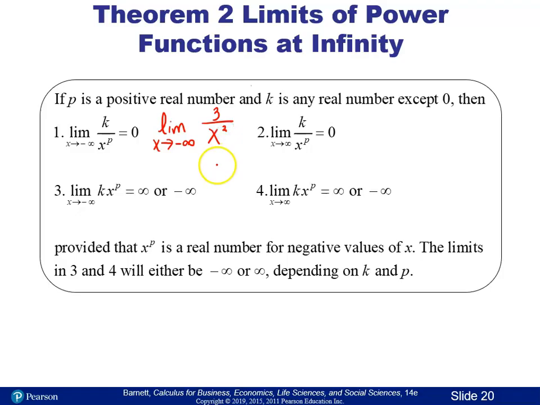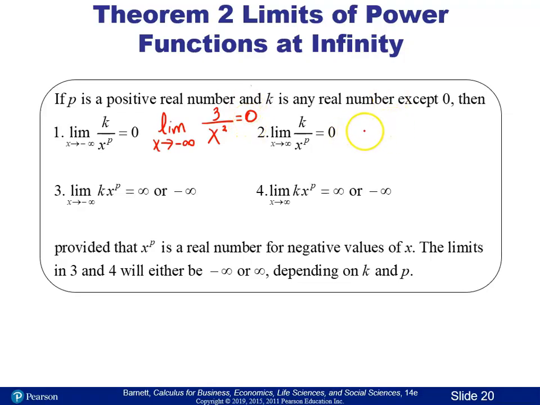What we've got is 3 divided by a really large number in the negative direction. So say 3 divided by -1,000,000 squared. Well, if you have any number and you divide it by a really large number, whether it's in the positive or negative direction, the limit of that is going to equal 0.